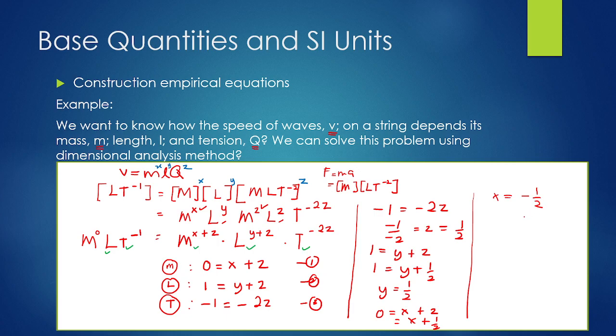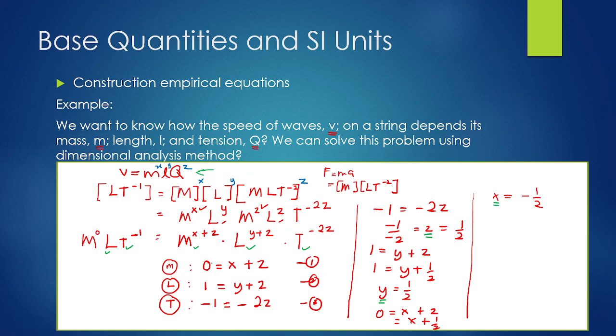Okay, so now we have everything here. Every power that you have calculated, the working that you have calculated over here, that is x, y and z, you have to put back into the first equation.